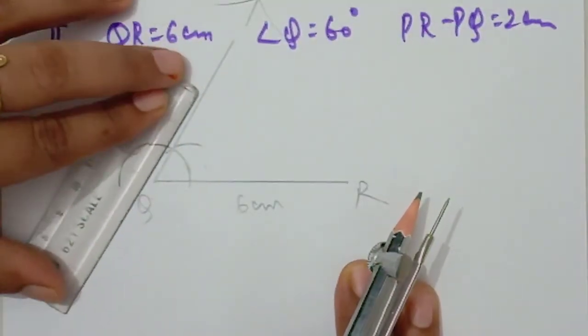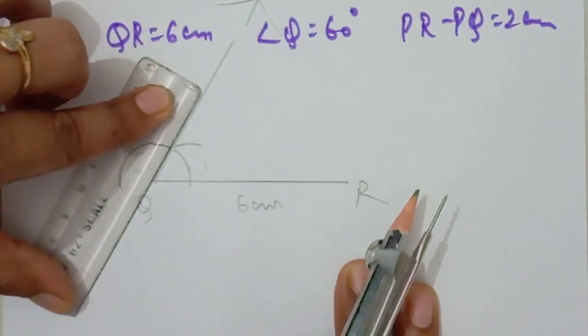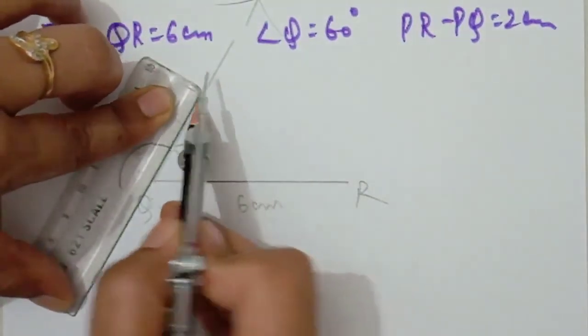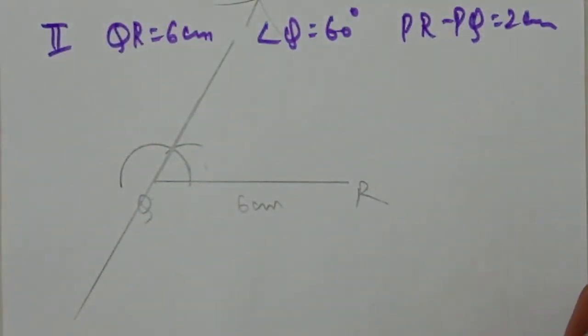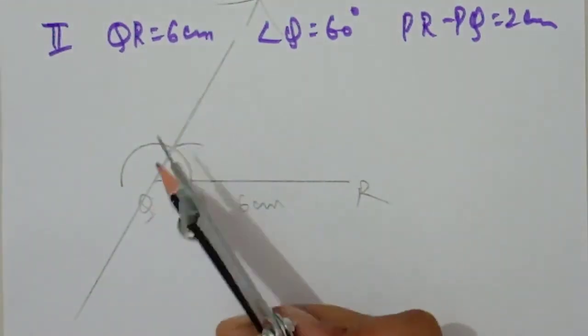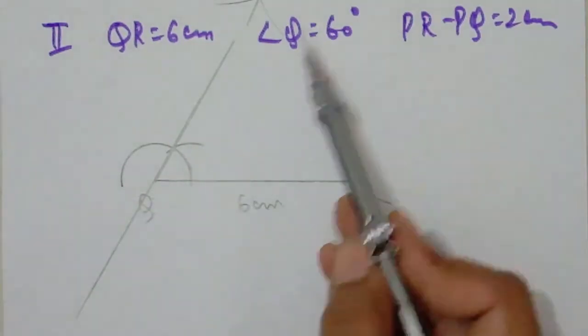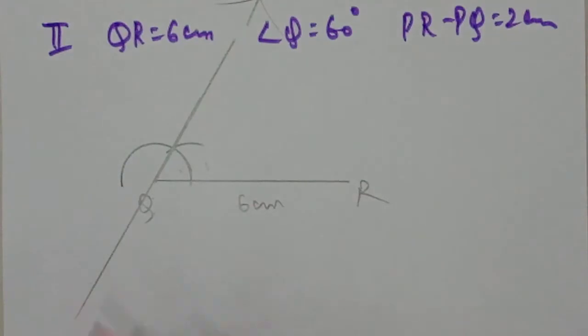As a new step of this type of construction, we have to produce this angle line and make a straight line. Do not confuse between all these things, because most of the time students make the 60-degree angle below the base. No, the base angle is given, and we will make this angle here only, and then we will produce this line as a straight line.